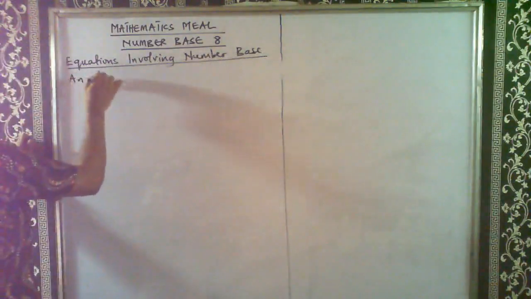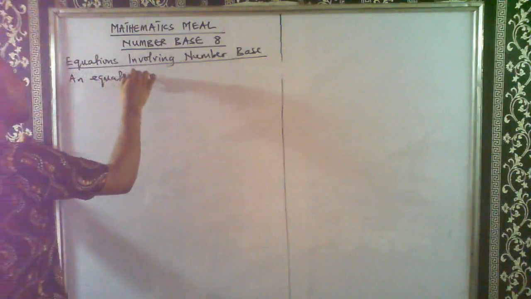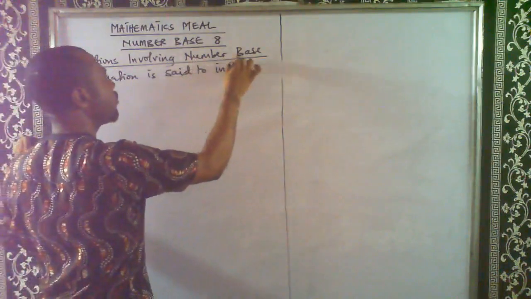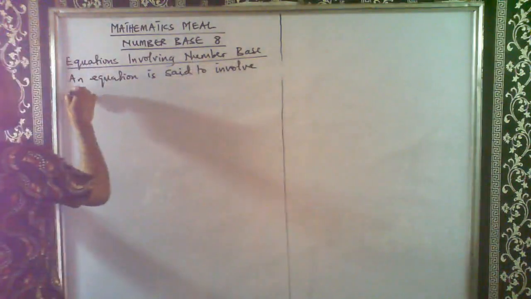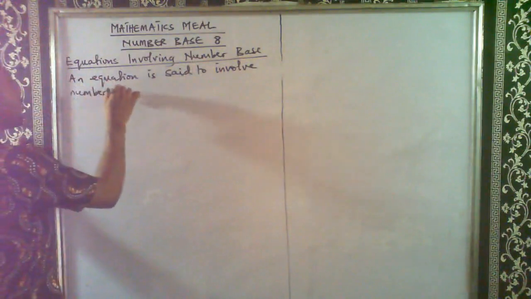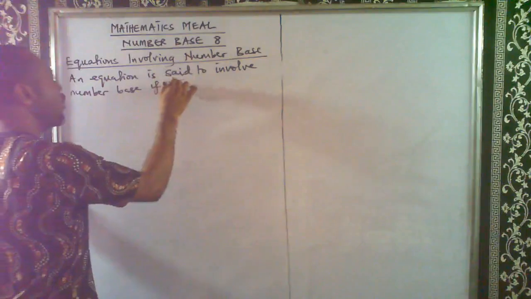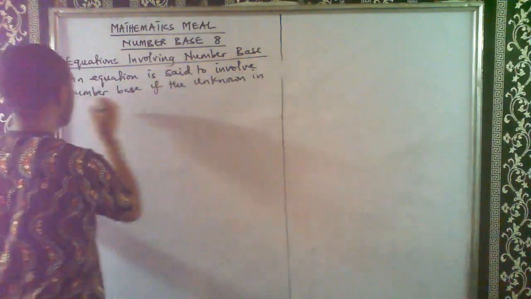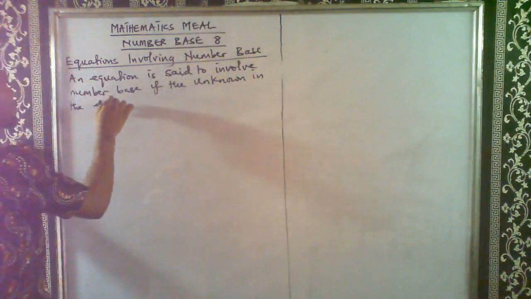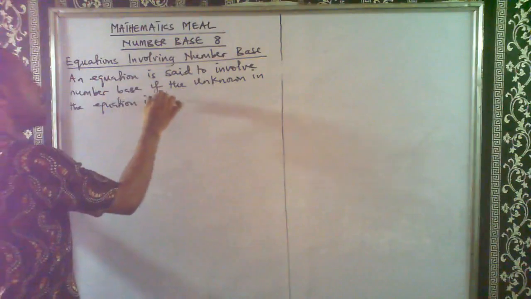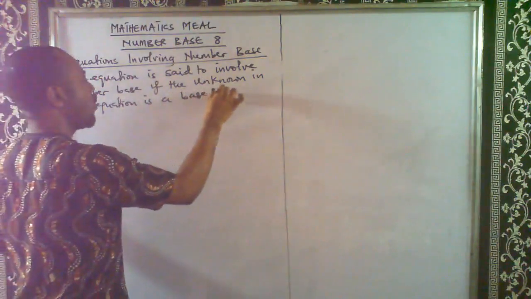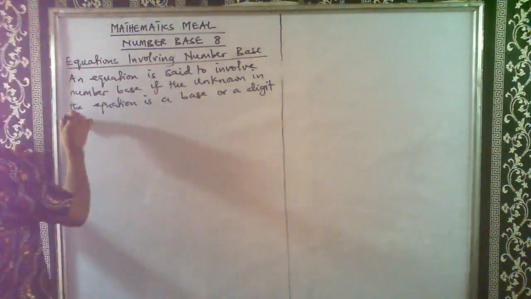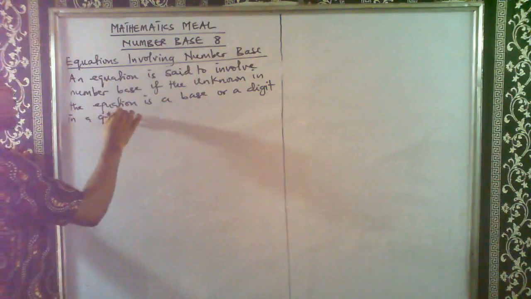An equation is said to involve number base if the unknown in the equation is a base or a digit in a given number.